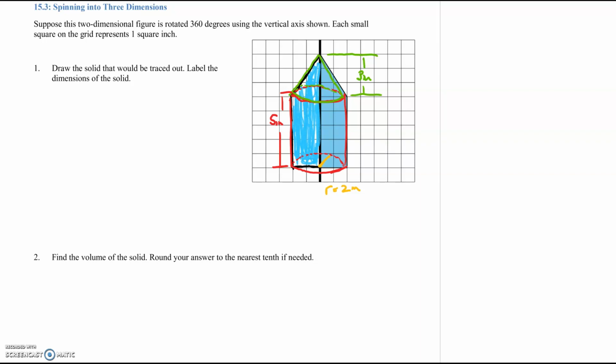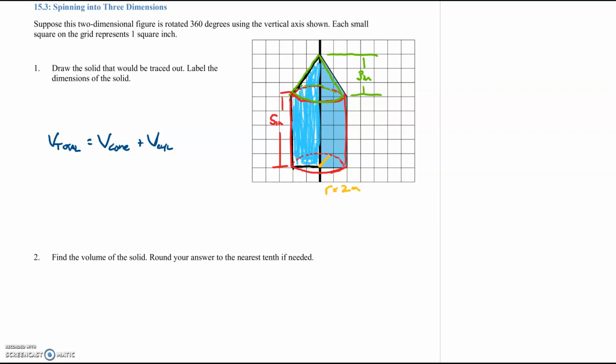Well, to find the volume here, the volume sub T, or volume total, if you'd like, is going to be equal to the volume of the cone plus the volume of the cylinder.